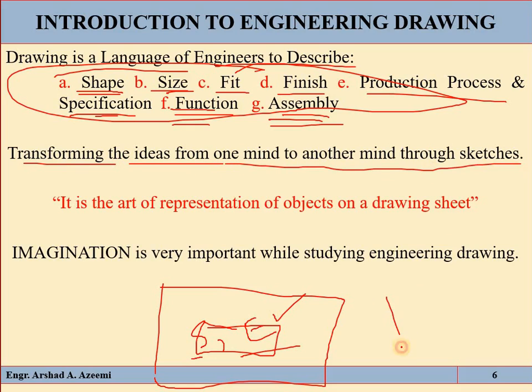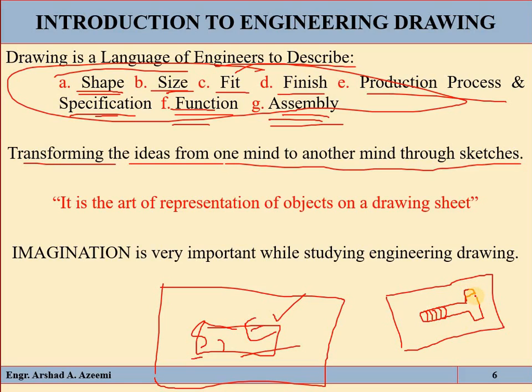Suppose you are directing someone to manufacture a mechanical element, a simple example, a nut and bolt. Suppose you require a bolt for some machinery. You will have to give the order to a manufacturer to manufacture this bolt for your requirement.